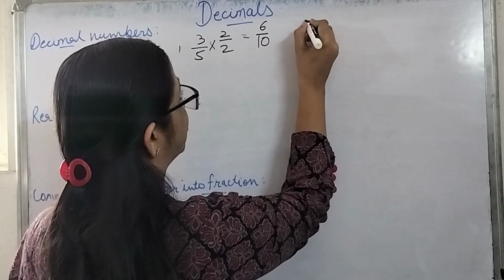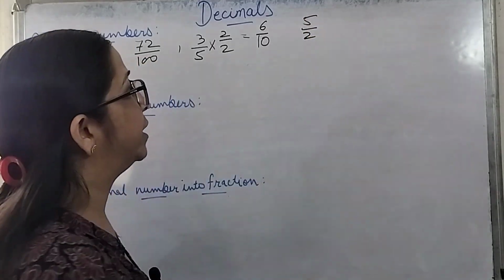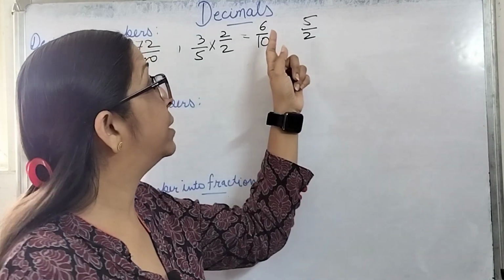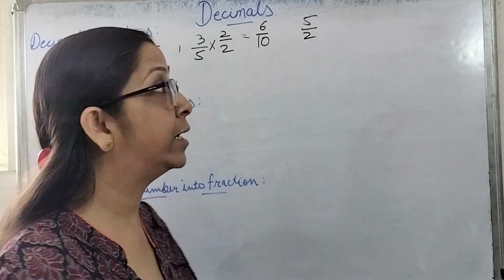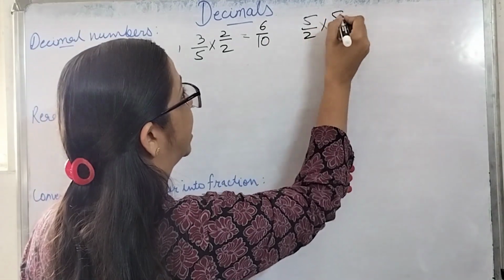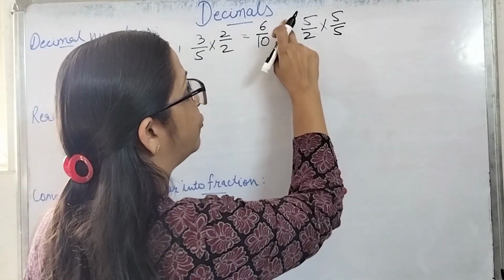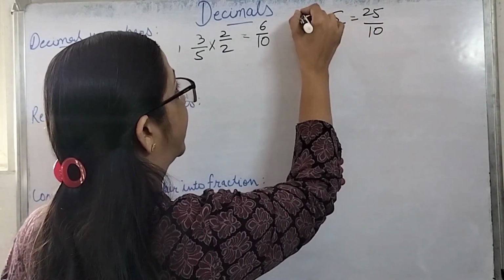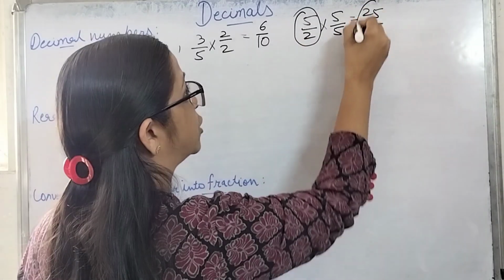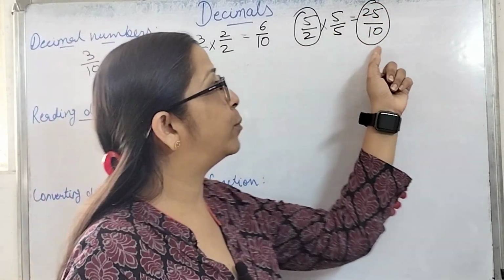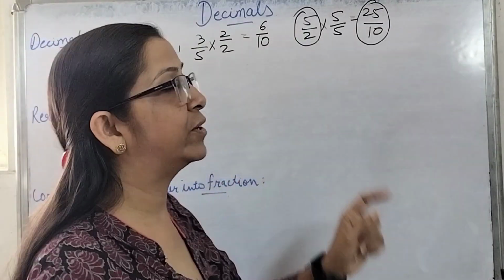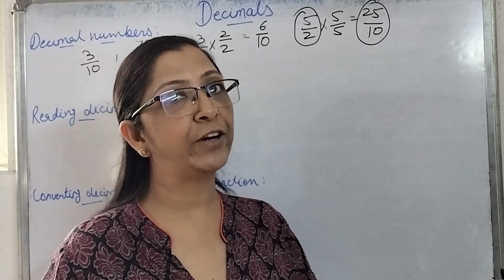Along with that, if I take 5 upon 2, over here 2 is neither 10 nor a higher power of 10, but it can be converted into 10 by multiplying the numerator and denominator by 5. So 5 fives are 25 and 2 fives are 10. So 5 upon 2 could even be written as 25 over 10, whose denominator is 10. So we will say that 5 upon 2 is also an example of a decimal fraction.